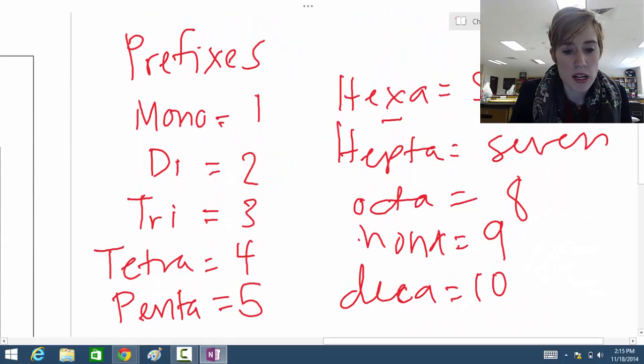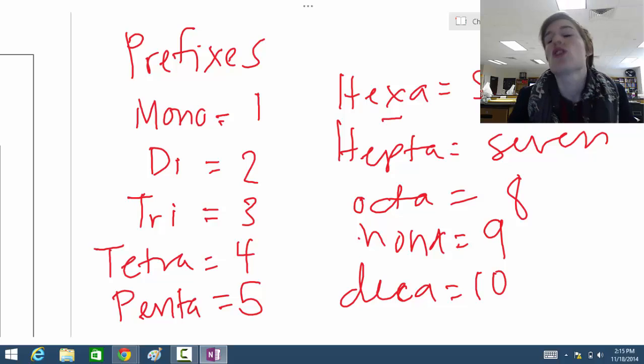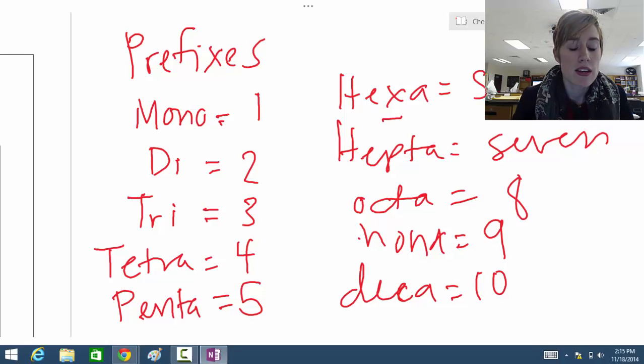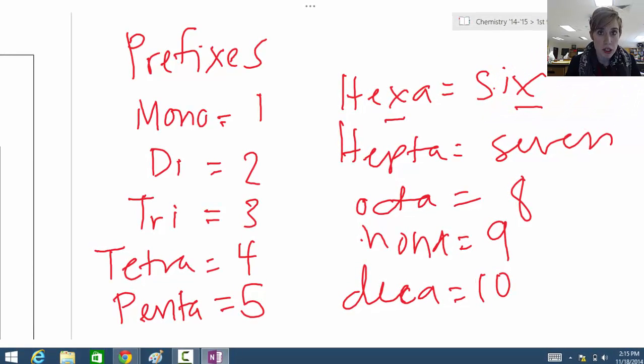Before we jump into it, I want you to write this on your page somewhere. These are called prefixes, and these prefixes will tell us the number of atoms present in a formula. Anytime you see the prefix mono, you're going to think of the number 1. Di means 2, tri means 3, tetra means 4, penta means 5, hexa means 6, hepta means 7.